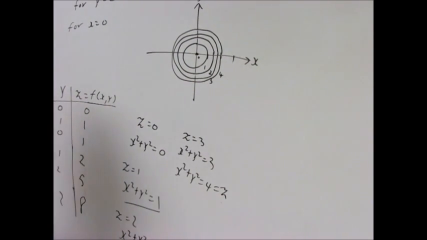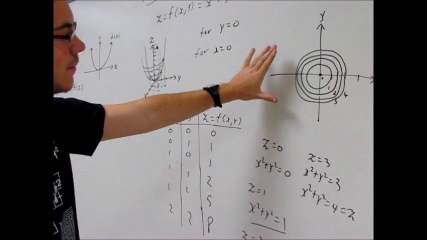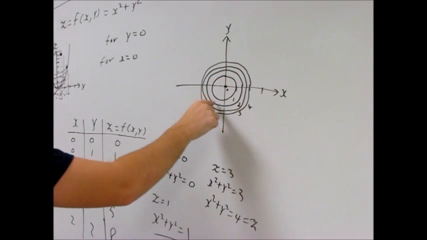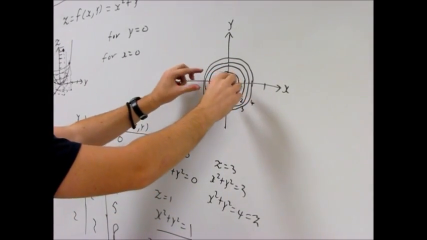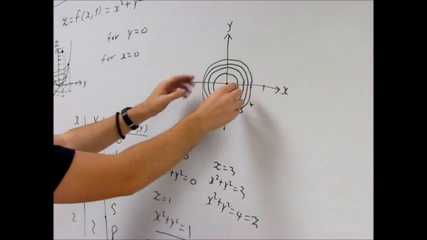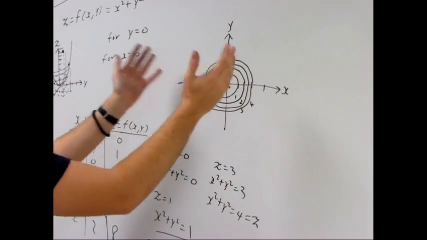Basically, this graph shows the same thing as this one, except if we think about this as looking from above, we can see, well, this has a height of 0, here's a height of 1, so it's getting higher up. And this is 2, and this is 3, and this is 4, so since these circles are getting closer and closer to each other, it's going up faster and faster.